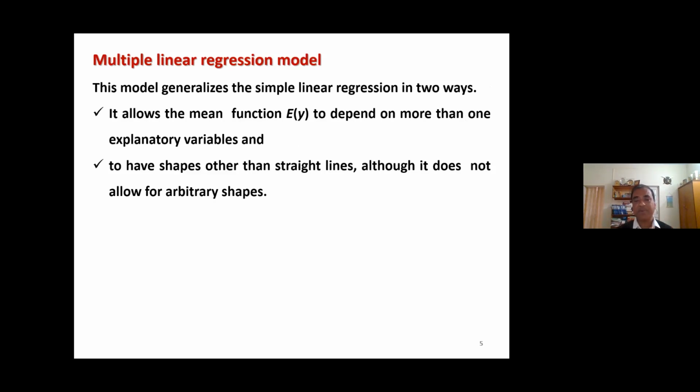As you have seen, the expected value of y earlier was beta 0 plus beta 1x, but now it allows you to consider more than one independent variable at the same time. Earlier you assumed that the relationship between y and x is linear.